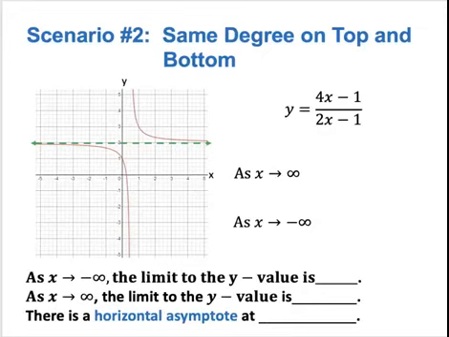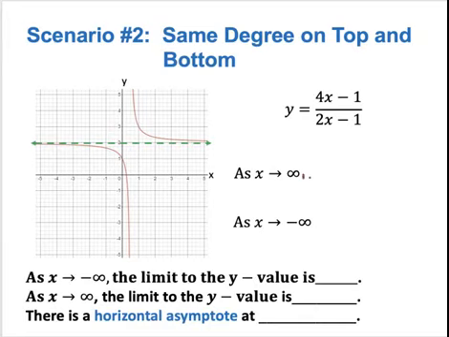Now let's look at scenario 2, where we have the same degree on the top and on the bottom. Here we have a rational function y equals 4x minus 1 over 2x minus 1. Just looking at the graph, as x approaches infinity, notice that the y values are approaching 2.